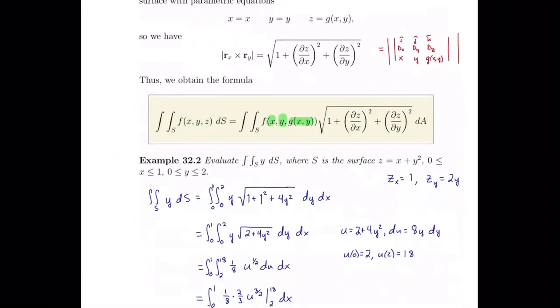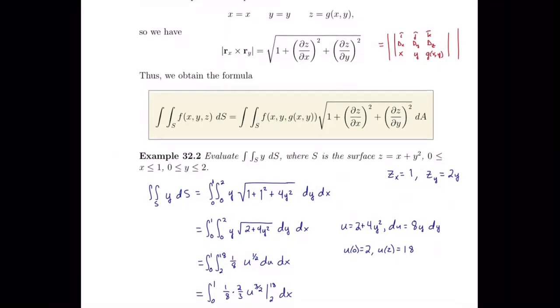So our parameters are x and y, and z is based on x and y. So everything is in terms of two parameters. That's the key thing here. And times our cross product for the tangential vectors for our two parameters x and y, well, is given as in the formula above. So that's our new dA or ds substitute here. These two things are the same in this case.